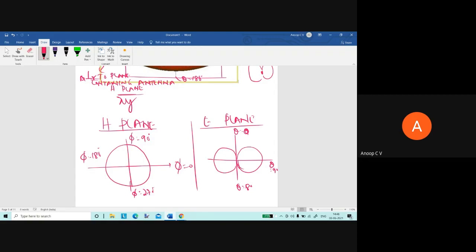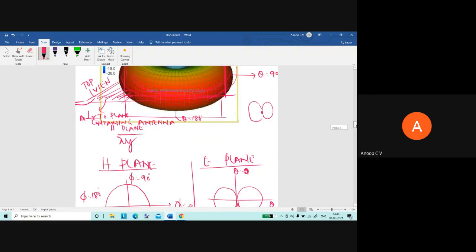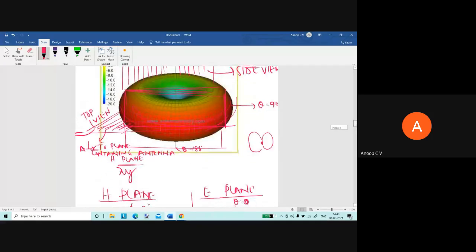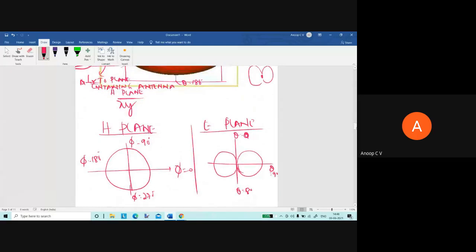So this 3D pattern, which is way too complicated, can be represented with the help of the H-plane and E-plane patterns. The H-plane is a cut perpendicular to the plane of the antenna, and this one is along the plane of the antenna.